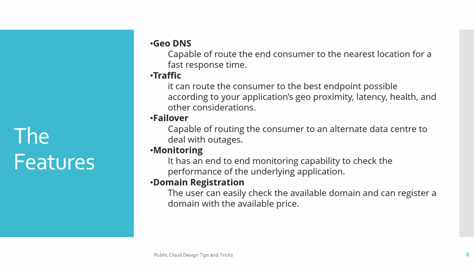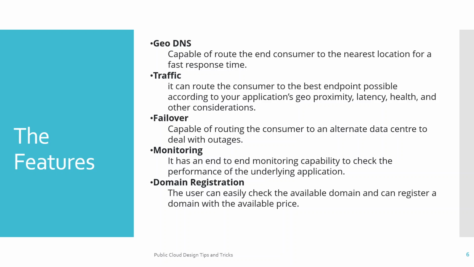Now, what are the features? GeoDNS. What is GeoDNS? GeoDNS is capable of routing the end consumer to the nearest location for a faster response time. It can route the consumer to the best endpoint possible according to your application's location proximity, latency, health, and other considerations.